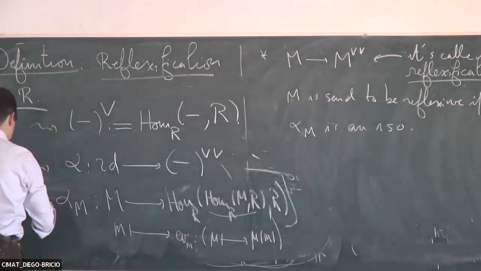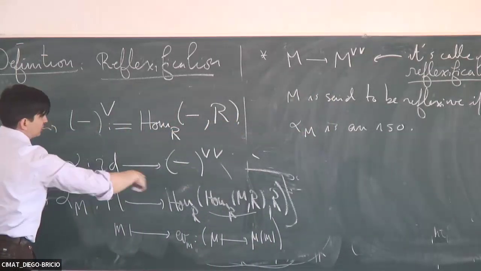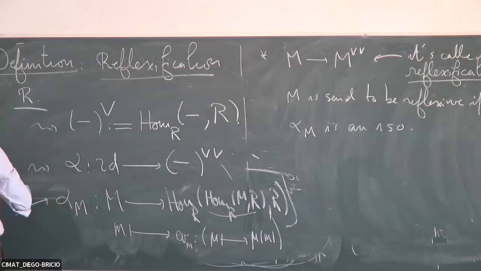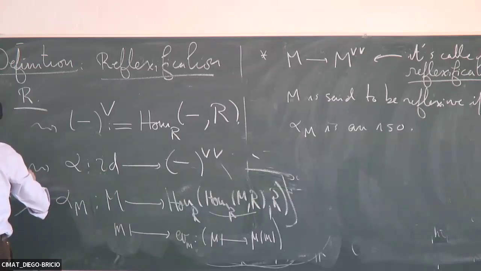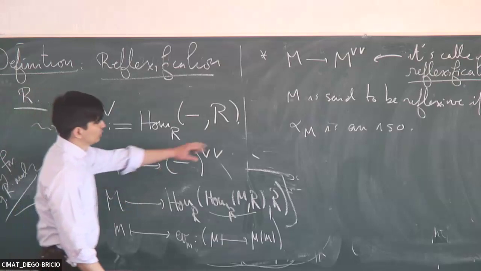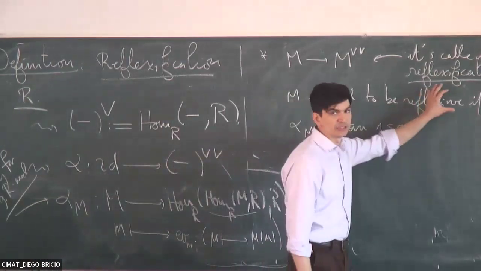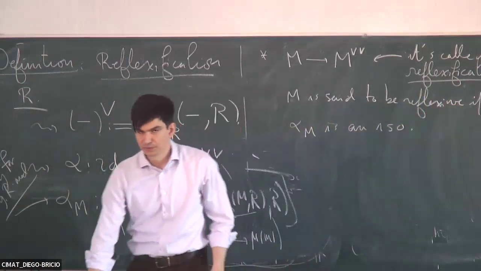So, I mean, the definition doesn't need that, but let's impose it. Only for finitely generated modules, okay? So if a module is reflexive by definition, it is finitely generated to start with.